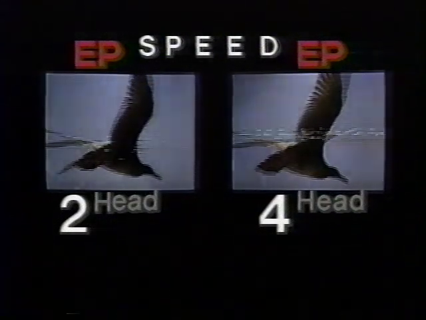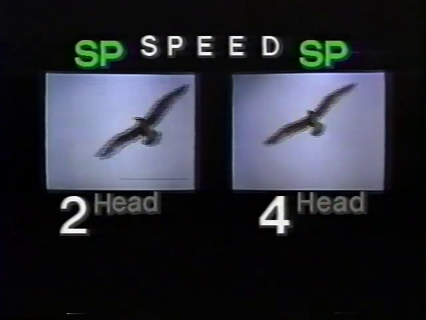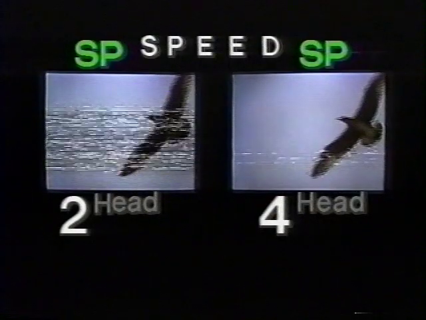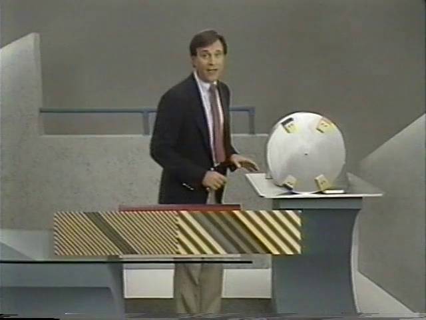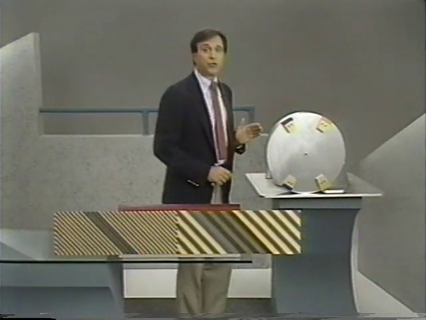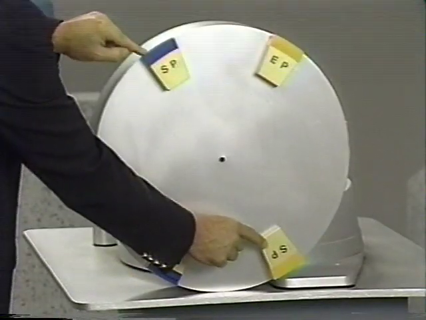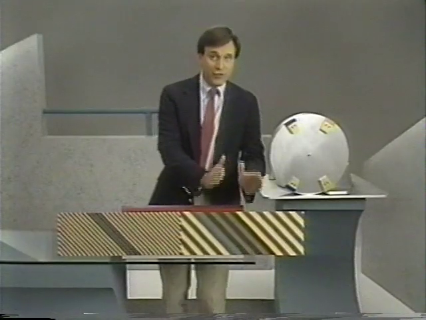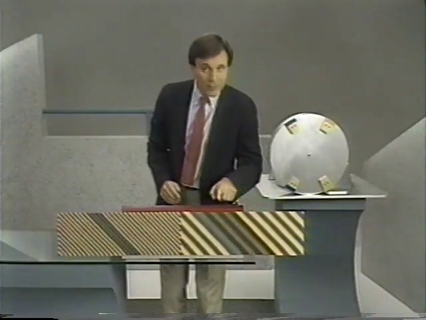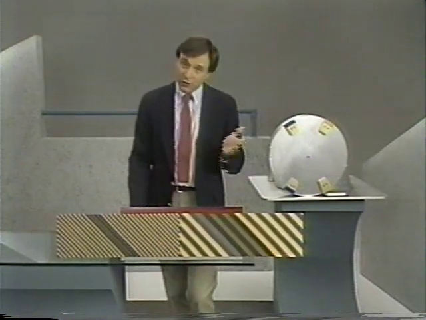This is EP, this is SP. So improved performance is based on the fact that a 4-head VCR uses a separate pair of heads for each recording speed. Now, this clearly pays off in the SP speed, where the wider heads can accommodate more picture information. And the more information recorded, the more picture there is to play.